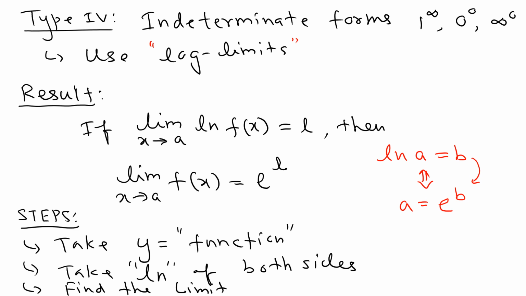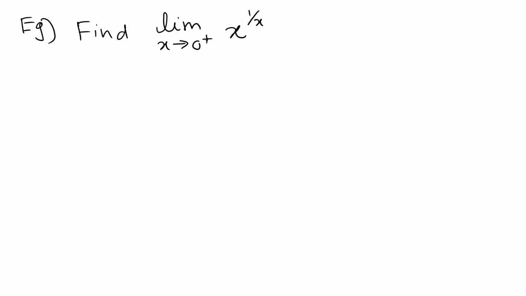So let's look at a problem. Find the limit when x goes to 0 plus of x to the 1 over x. We want to make sure we put 0 plus, because otherwise it might try to find roots of negative numbers. But what happens here?